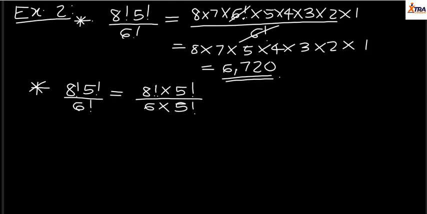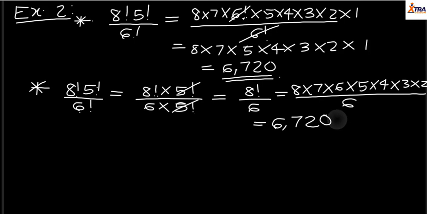Such that instead of breaking down my 8, I can break down my 6 so that I can cancel out my 5 factorial with these 5 factorial. In doing that, I'll be having 8 factorial over 6, and after my expansion, I will still have the same value I had above, which is 6,720.